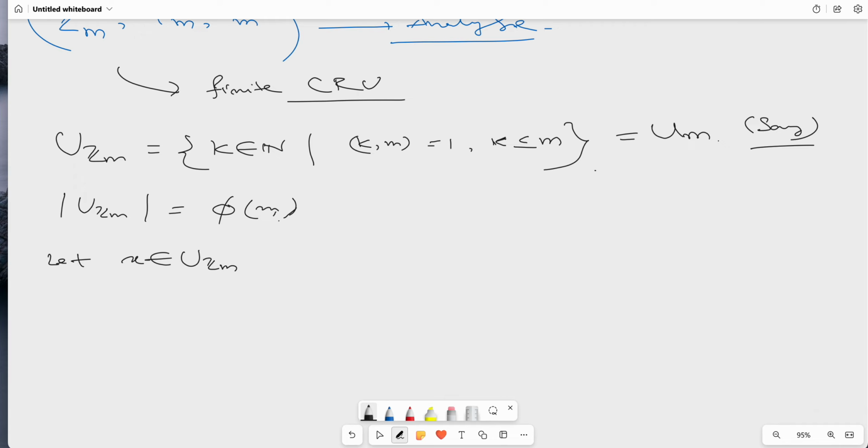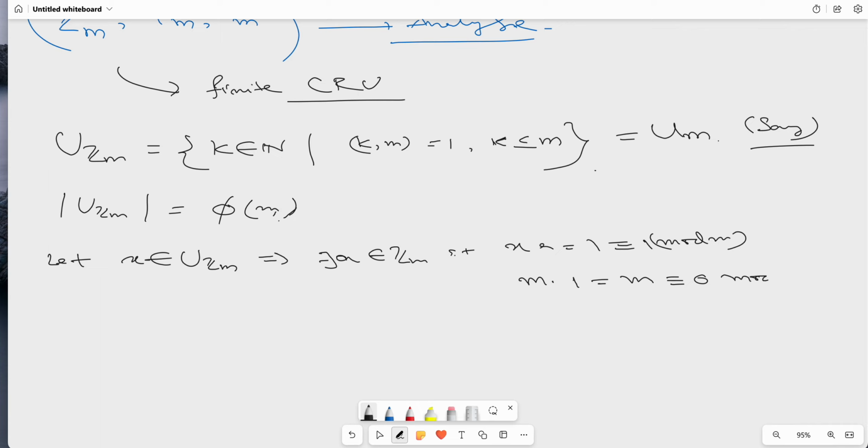What does it mean? That means x is a unit. That means there exists a inside Zm such that x a is congruent to 1 mod m, right? So also you can write m dot 1, this is actually m, which is congruent to 0 mod m.